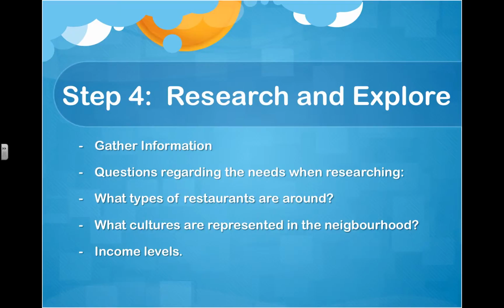If your neighbourhood has a high Muslim population, you need to make sure that your menu caters for their dietary needs. Income levels are a huge issue as well. You can't serve fancy, expensive food if the people in the neighbourhood can't afford to buy it. The restaurant is not going to be successful. So these are areas that you need to research.